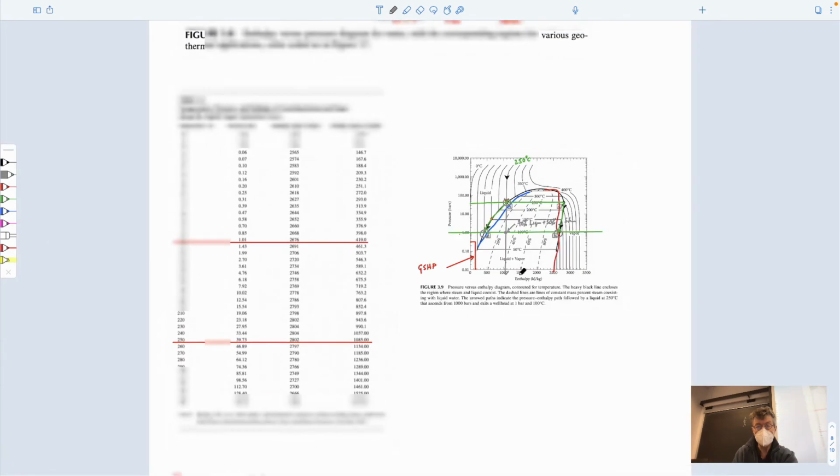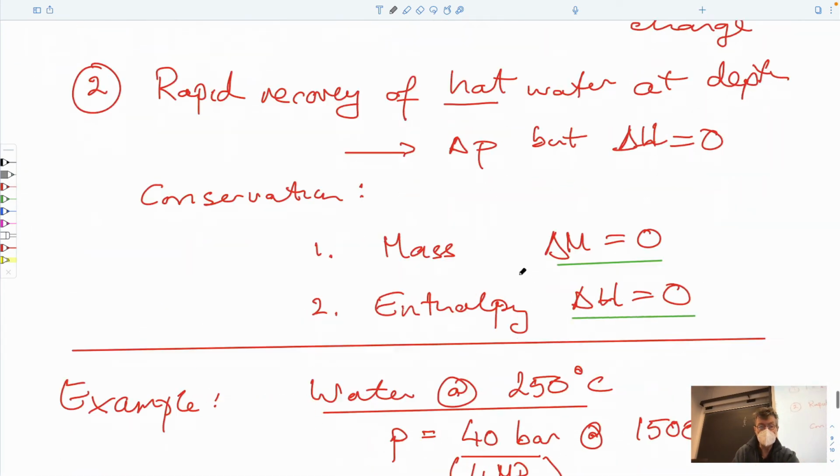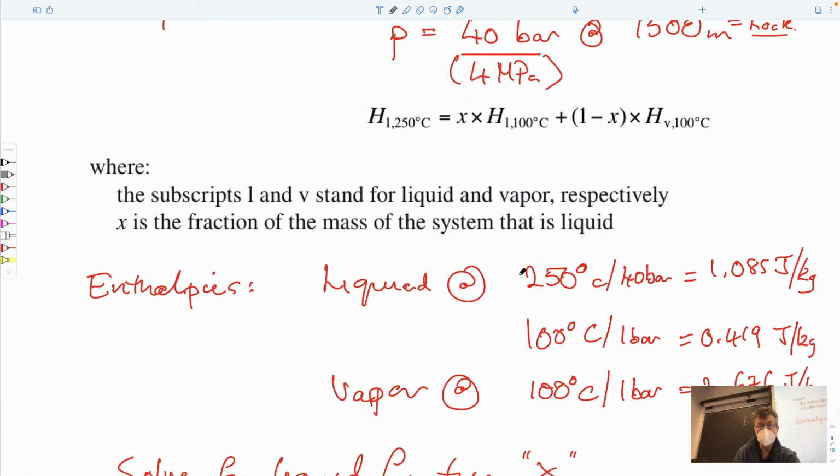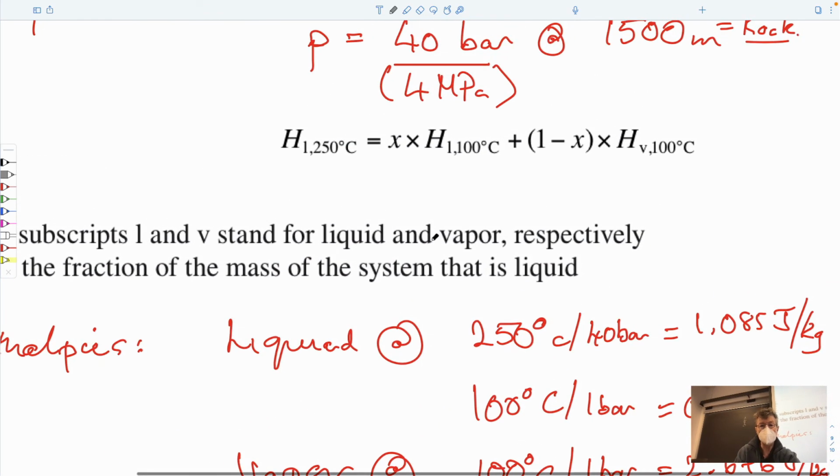So we could use our relationship, and I realized today that it's slightly different from our relationship from last time. Remember last time we said that if we know what the entropy or the enthalpy or the mass is at one temperature, we can link it by x times enthalpy plus 1 minus x times the enthalpy equals our true enthalpy. So this is the enthalpy we start at.